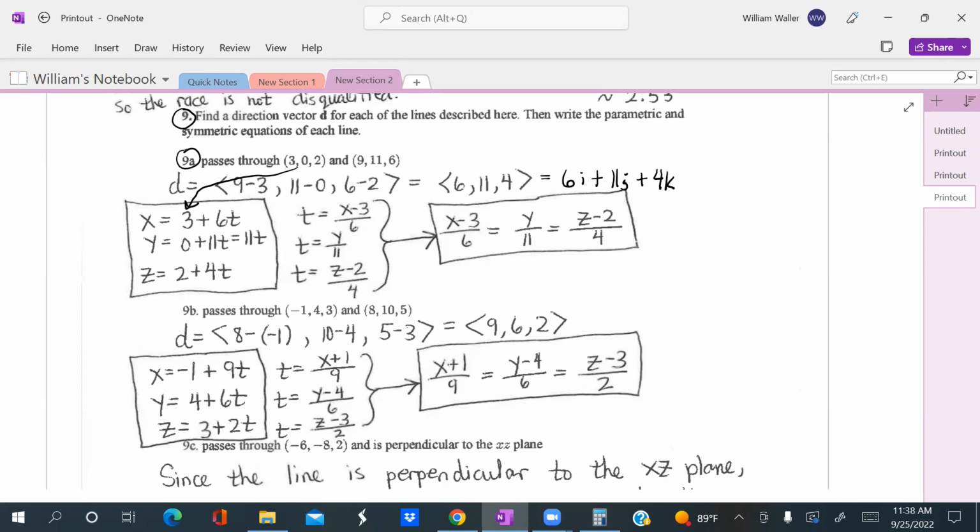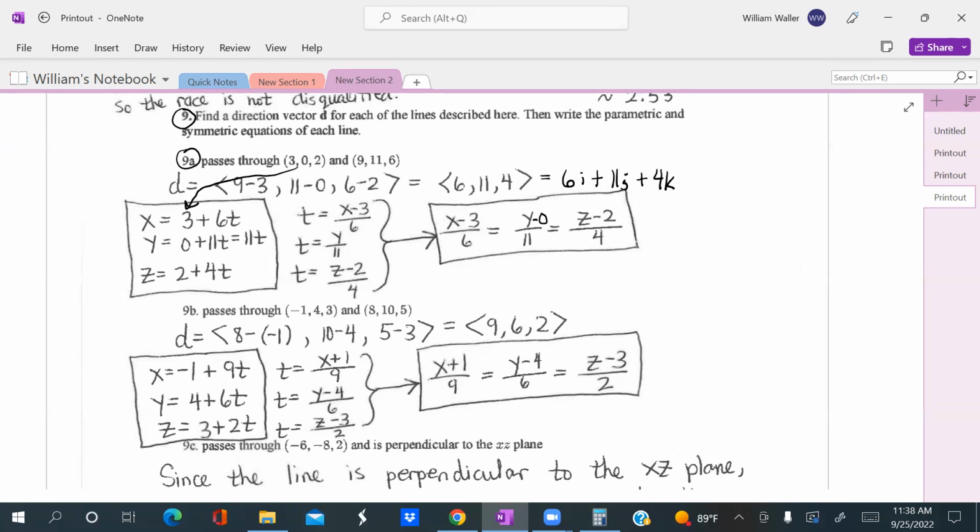And also the symmetric equations, right? You just write x minus the x coordinate of your point that you're given, which in this case is 3, divided by the x component of your direction vector, equals y minus the y coordinate of the point that you're given, which is 0 here, divided by the y component of your direction vector, equals z minus the z coordinate of the point that you're given, divided by the z component of your direction vector.